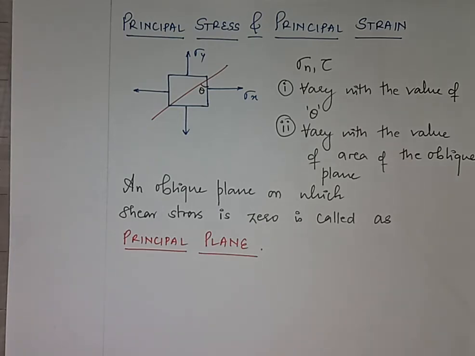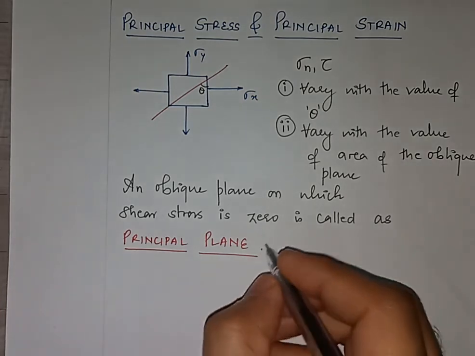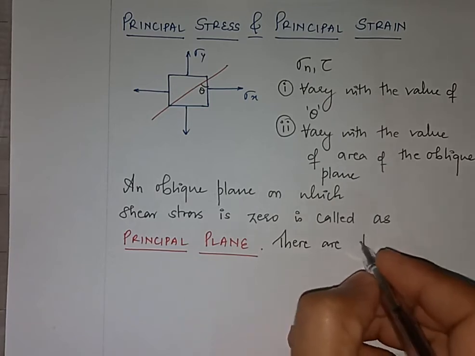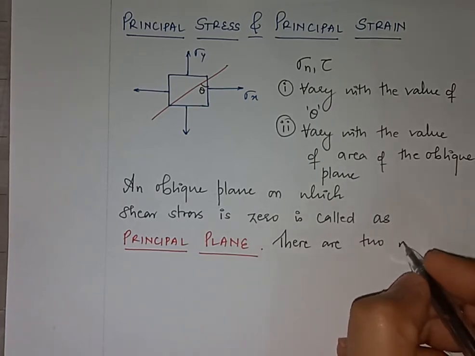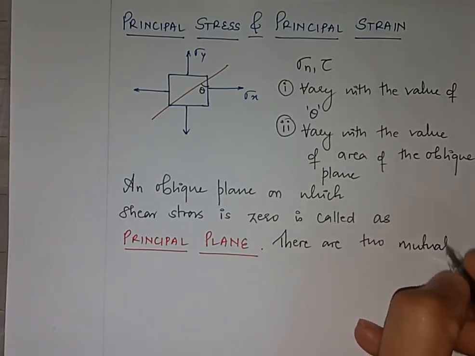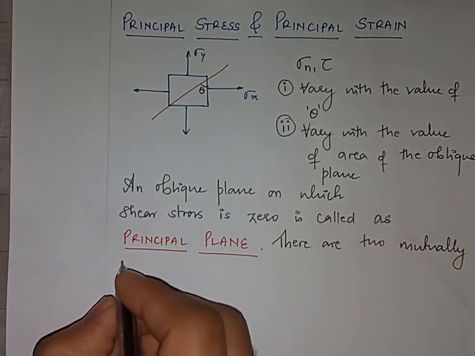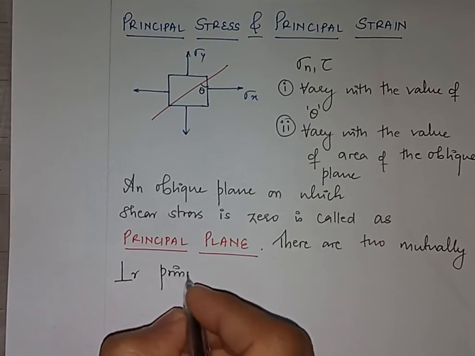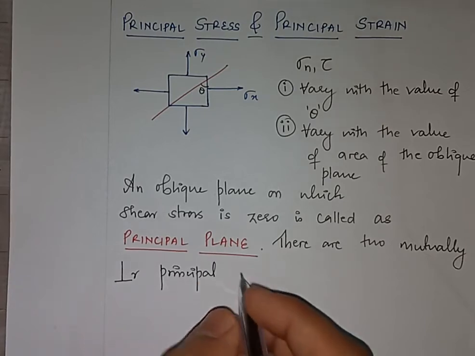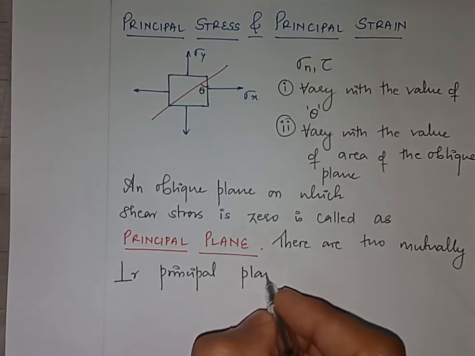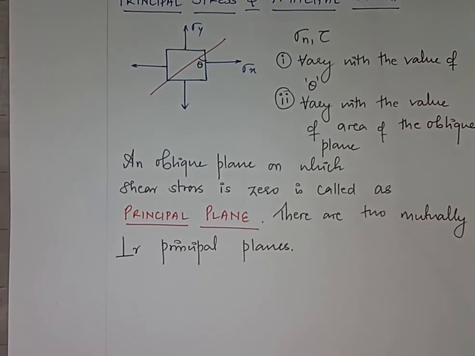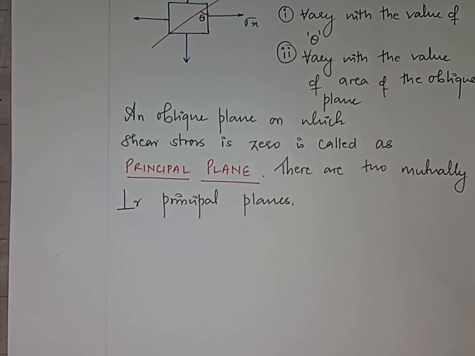Now it is observed that there are two mutually perpendicular principal planes.